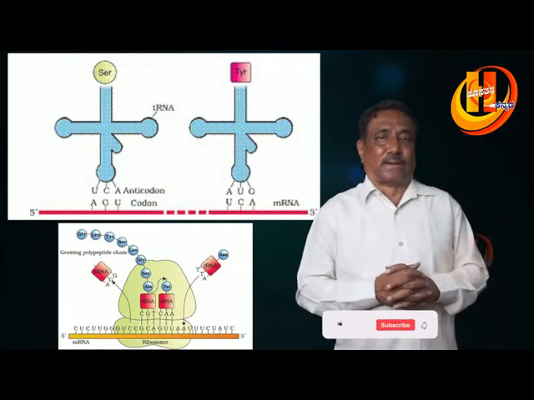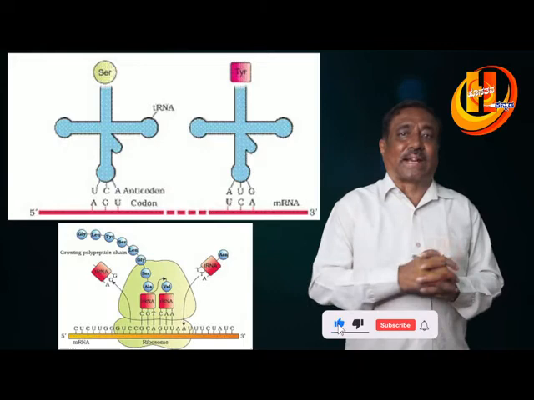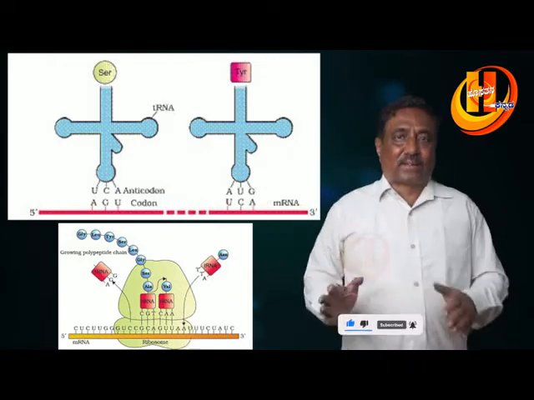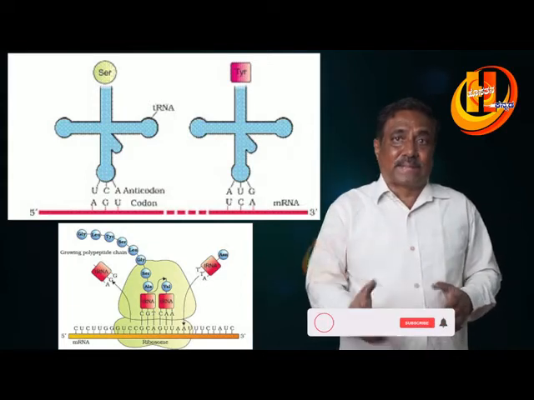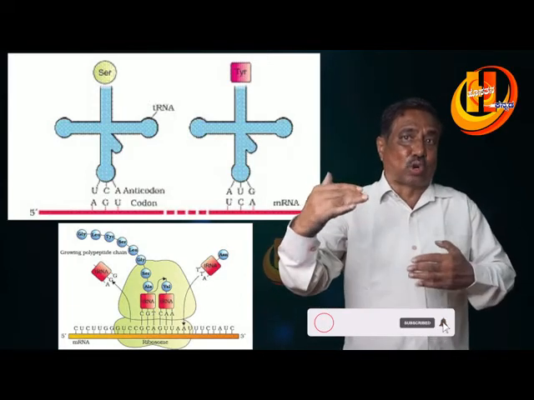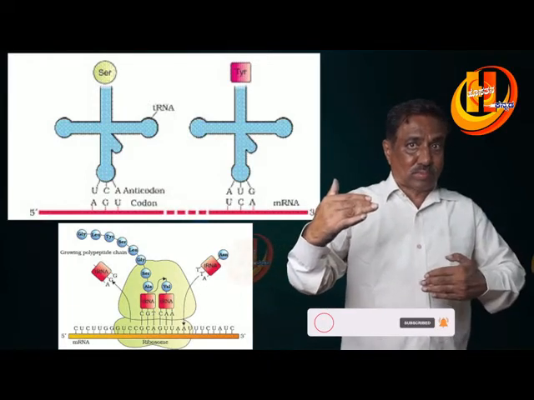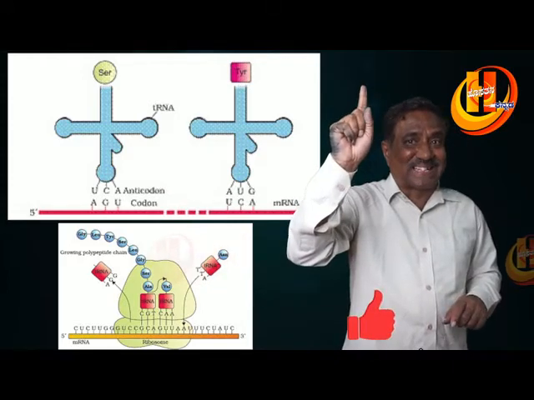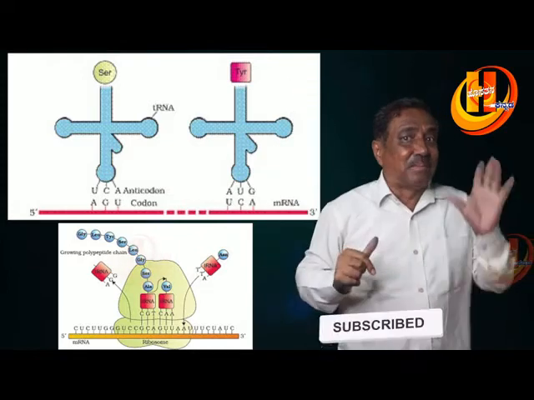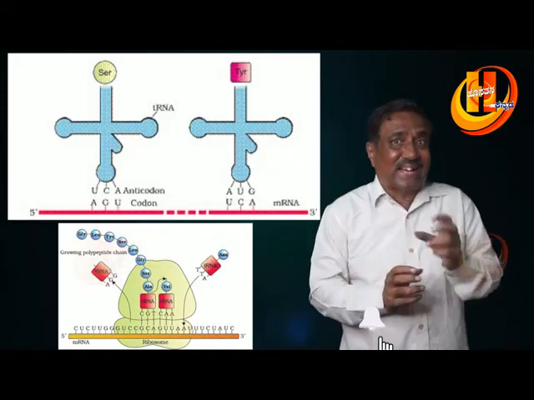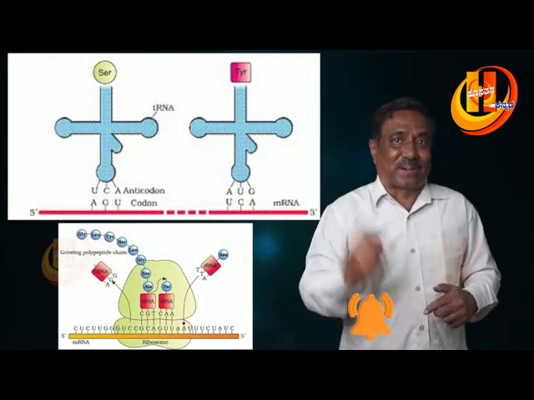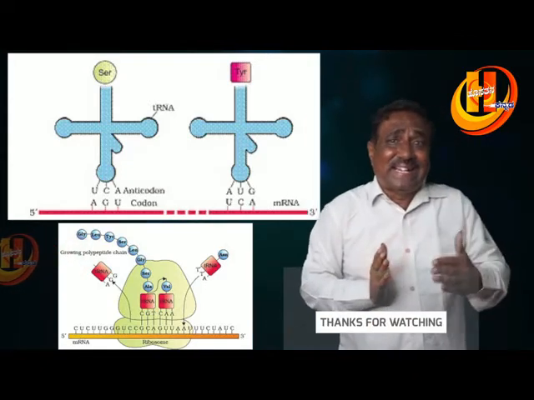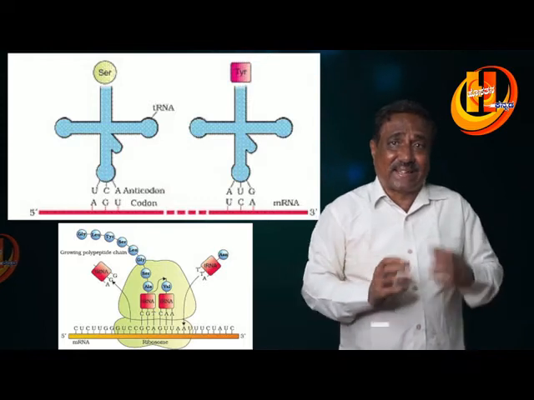Leucine is not only coded by CUU but also CUG, CUC, CUA. So an amino acid is coded by more than one codon. That is degeneracy. But the codon which codes for a particular amino acid will not code for another. That is called meaningful. So the amino acid is coded by many codons, but each codon codes for one particular amino acid. This is called degeneracy of the codon.